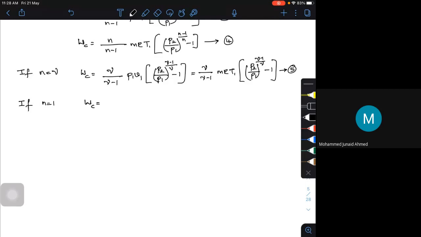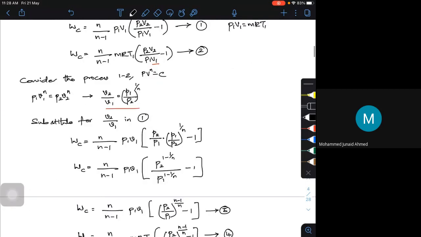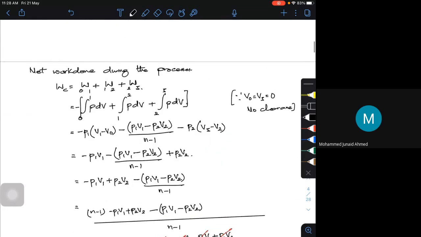Okay, so if you go back and write this work of compression, what I wrote here, I will take this expression. I can write it as minus P1 into (V1 minus V0) minus P1 V1 ln of V2 by V1 minus P2 into (V3 minus V2).